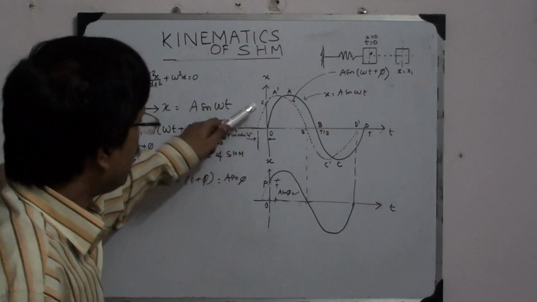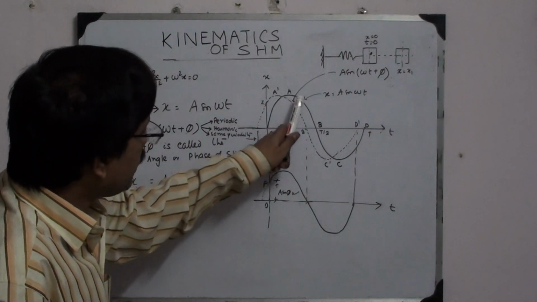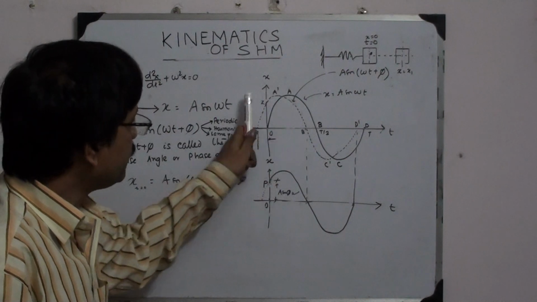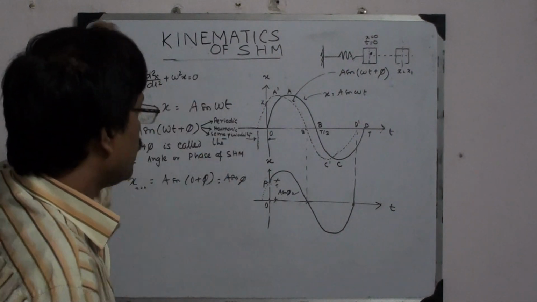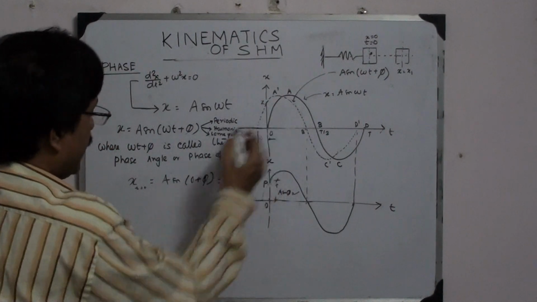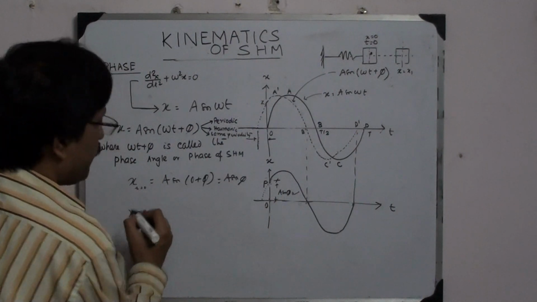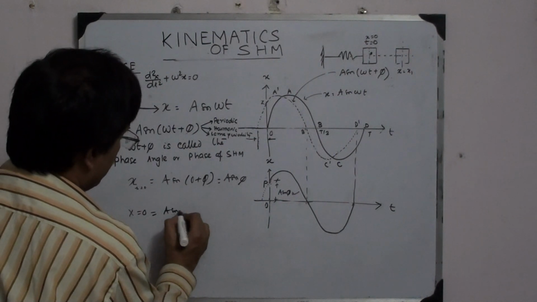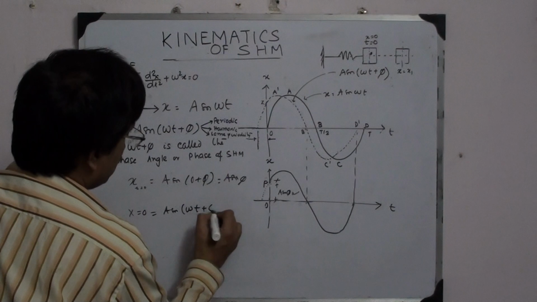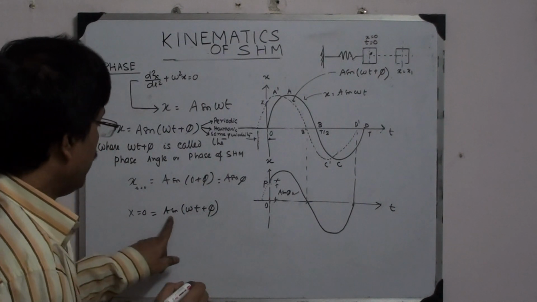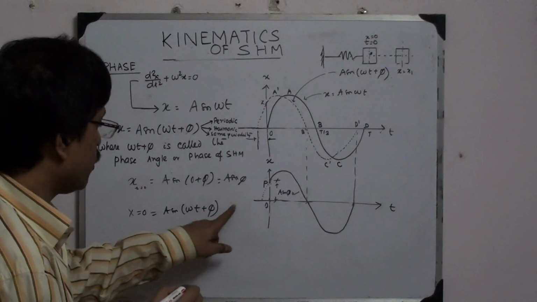Now you notice that this particular shape of SHM, the curve, seems to shift towards the left. You can find out why it shifts towards the left. If you put x is equal to 0, what happens? In this equation, this becomes a sin omega t plus phi equal to 0, and you know the sine function is 0 at 0 or 2 pi.